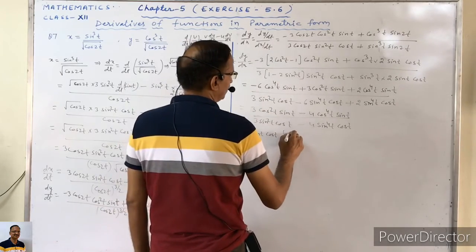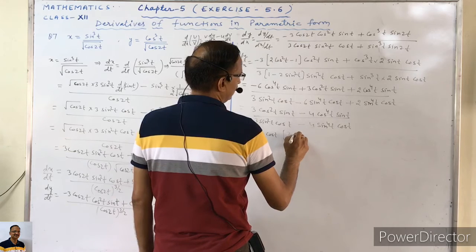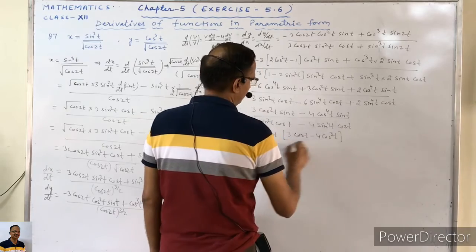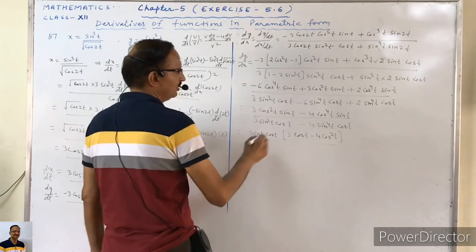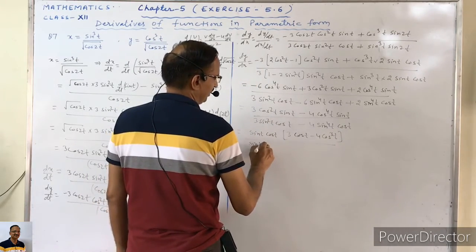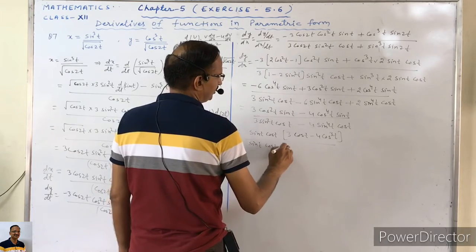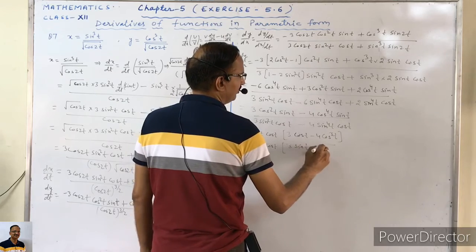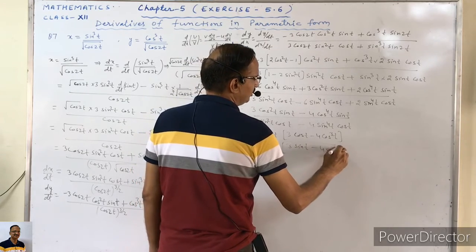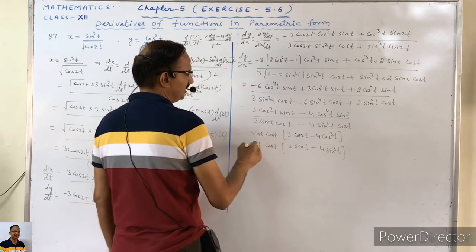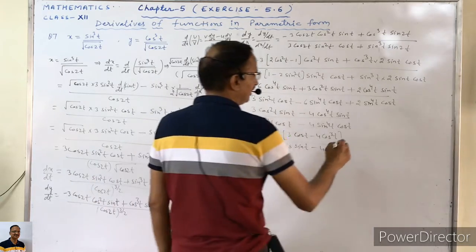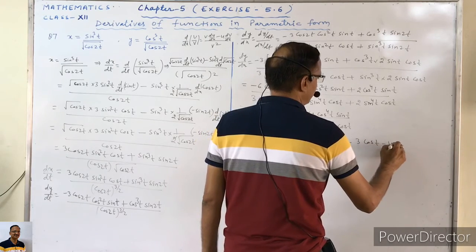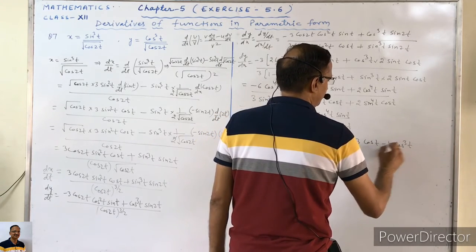So we will get 3 cos t minus 4 cos cube t. In the denominator also, we will take this sin t multiplied by cos t as common. We will get 3 sin t minus 4 sin cube t. These two cancel out, and we will get 3 cos t minus 4 cos cube t.